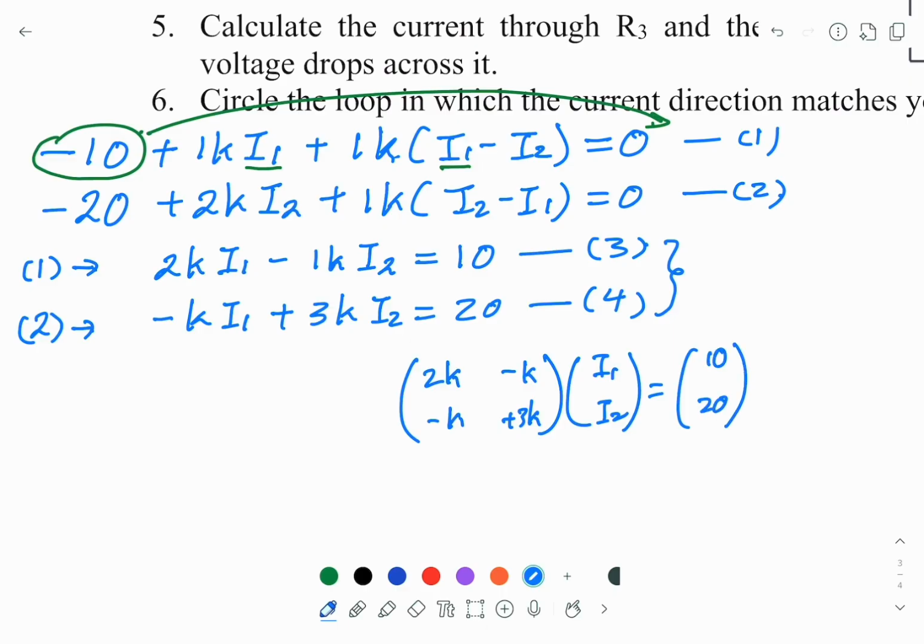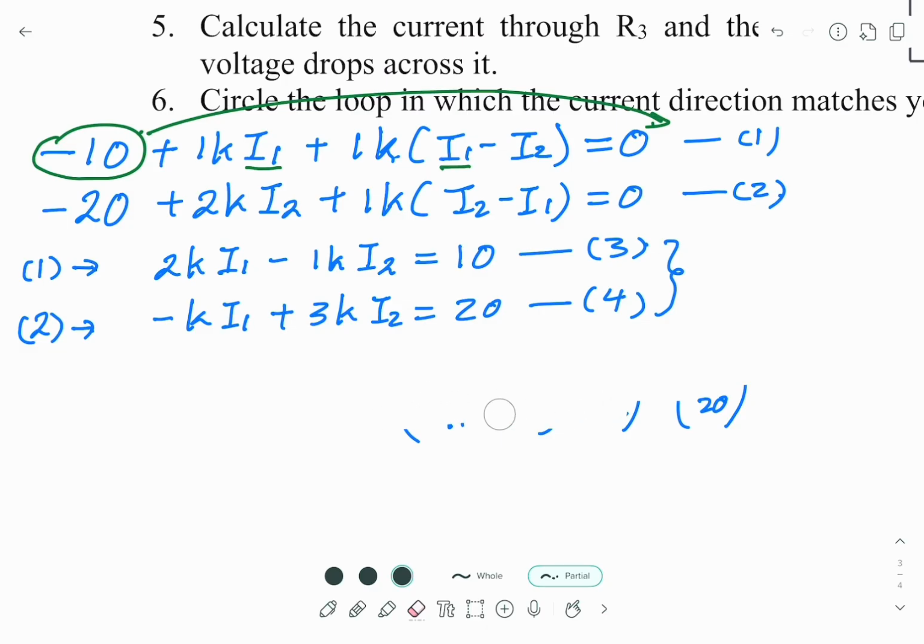And then you can use determinant to find the solution. Of course, you can use substitution and elimination to find the solution. Let's use elimination to find the solution.